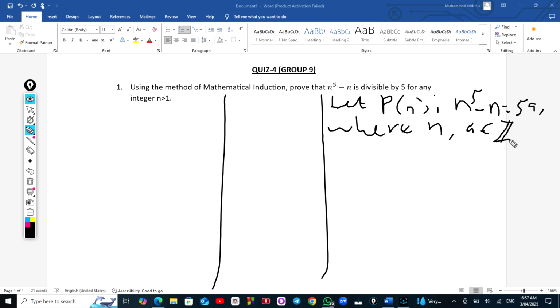The set of integers, and n is greater than 1. Okay, so this is the first step. We have to state our proposition in a declarative sentence.